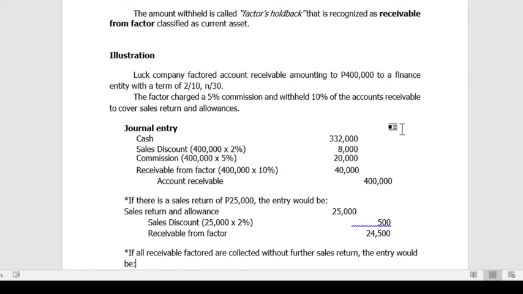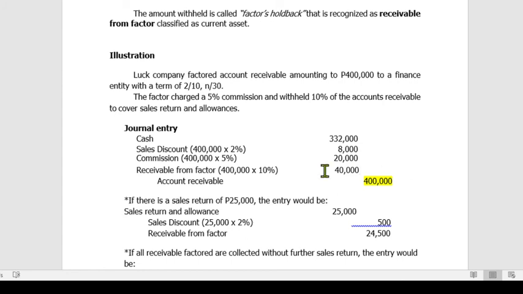You debit cash, you credit accounts receivable 400,000. Kinredit mo ang iyong accounts receivable at 400,000 dahil binawasan, dahil yan ay ibinenta mo na. Binenta mo na under a factoring as a continuing agreement, kasi merong factors holdback na involved.